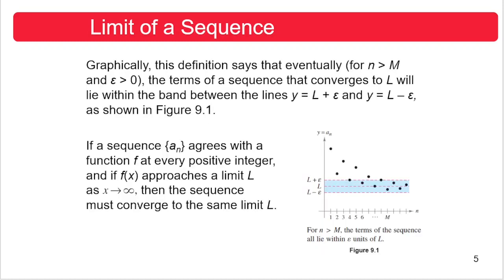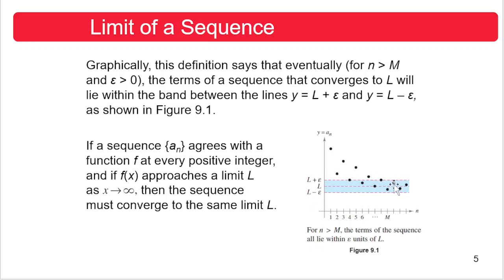Graphically, this definition says that eventually for n greater than m, to the right of this value m, and epsilon greater than 0, meaning positive, the terms of a sequence that converges to L will lie within this band between these two lines, y equals L plus epsilon and y equals L minus epsilon.